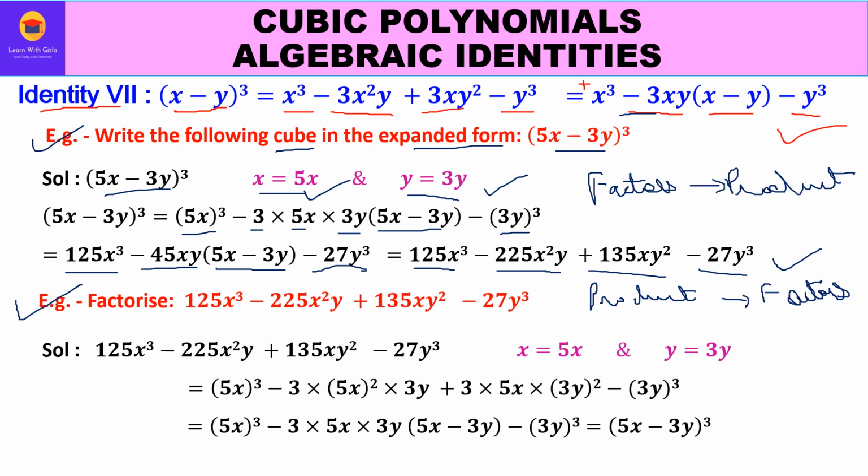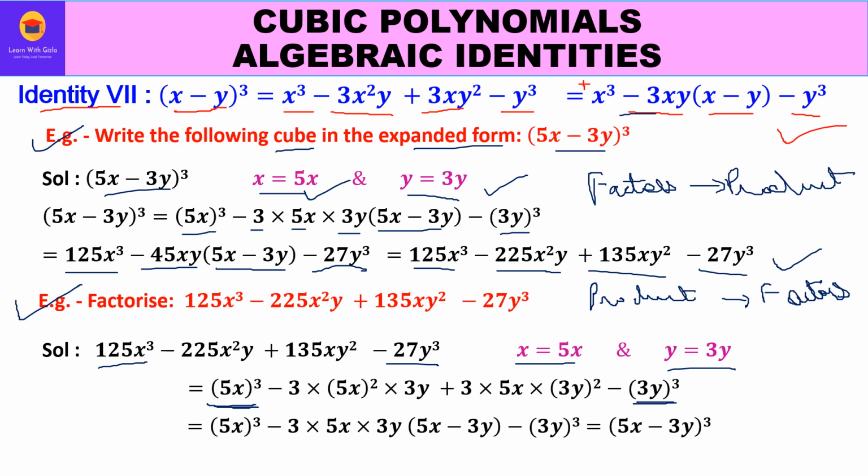So let us start. When you have 125x cube, you can write that as 5x whole cube. When you have minus 27y cube, isn't it 3y whole cube? Because 125 is a cube number of 5, 27 is a cube number of 3. So once this is clear, your x is 5x and y is your 3y.